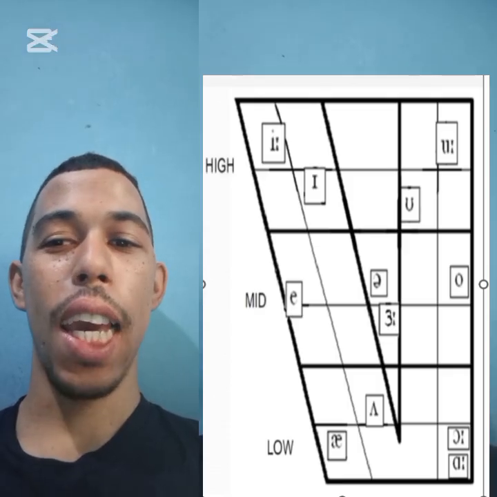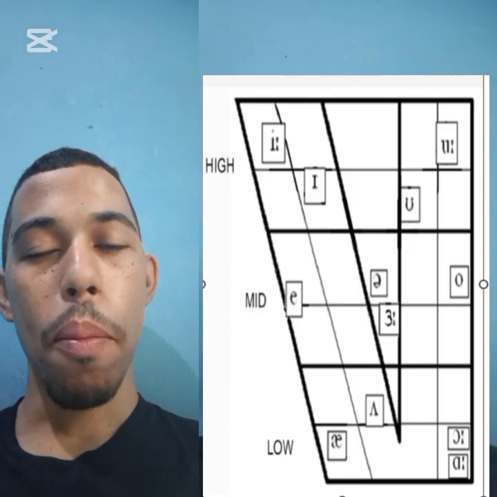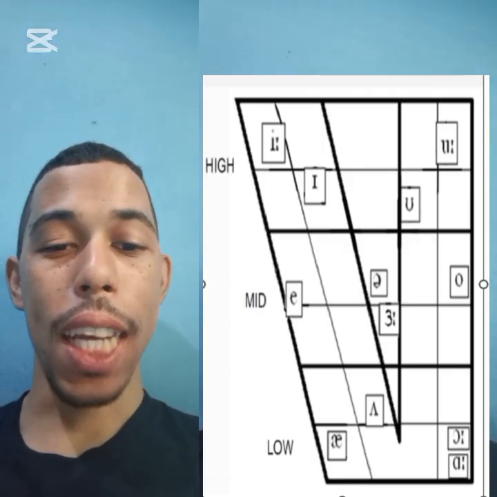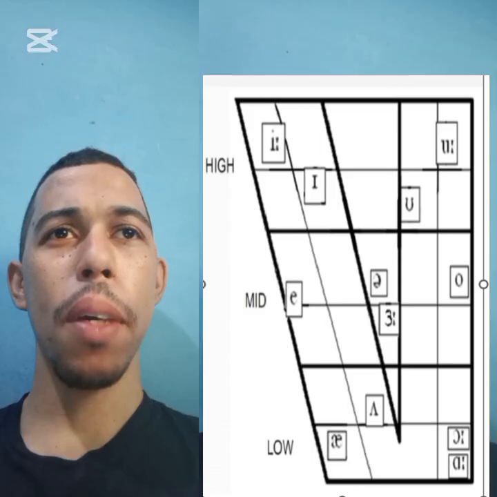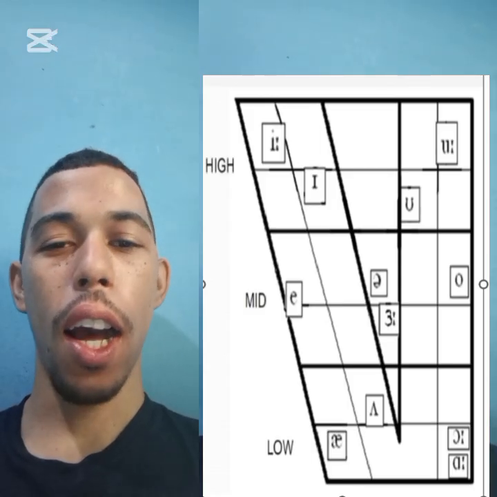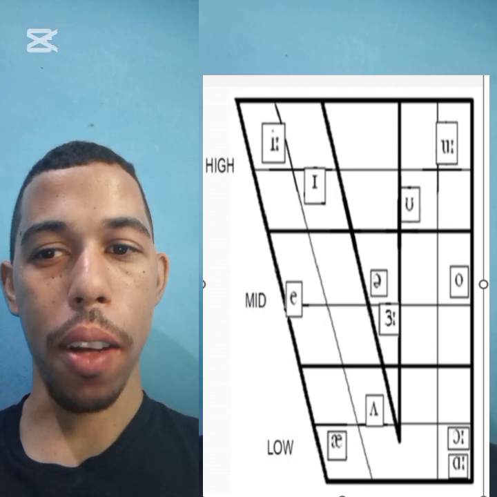In this case, the oral cavity is very relaxed. It can also be more open, like in the vowel sound "ah".